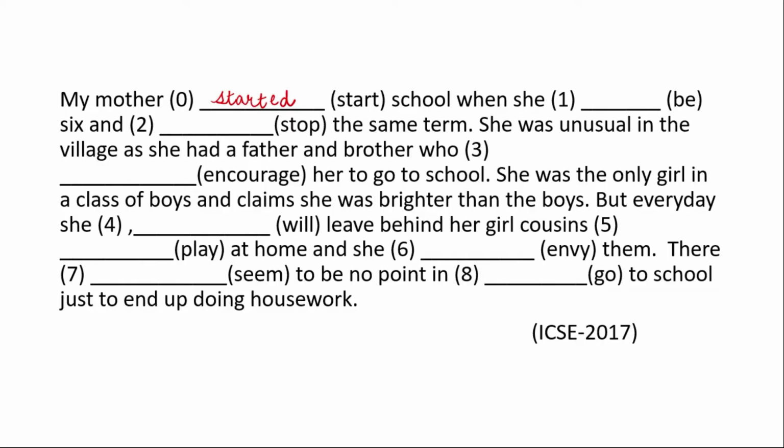My mother started school when she, and in bracket it is be. So the verb forms of be are is, am, are, was, were, had, did, be, and been.